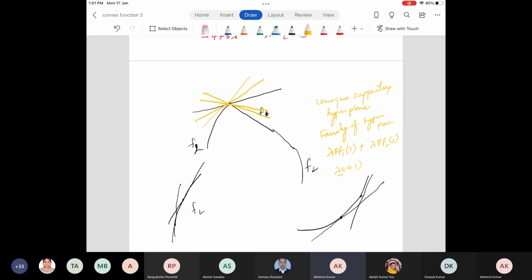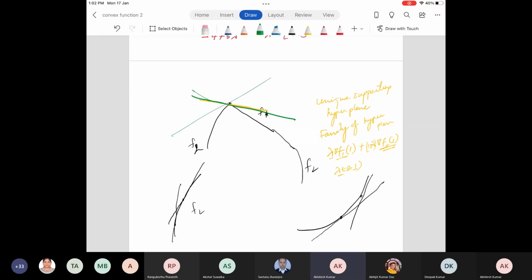The extreme hyperplanes are when lambda is 0, giving the f2 hyperplane, and when lambda is 1, giving the hyperplane created by f1 as the supporting hyperplane.